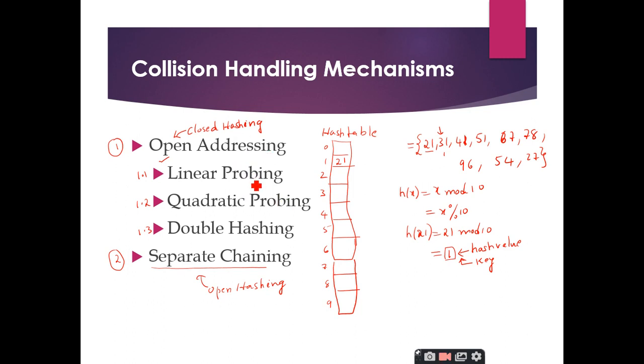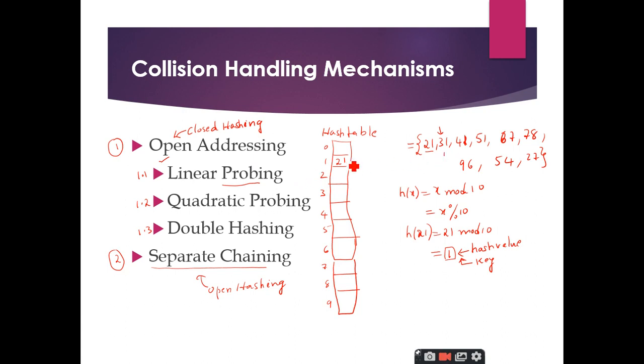Let us go with open addressing, and within that I am going to take linear probing. According to linear probing, when a collision occurs, you probe for the next vacant location linearly. That is the meaning of linear probing. You check whether the next location is vacant or not, and this search continues until you get a vacant location.